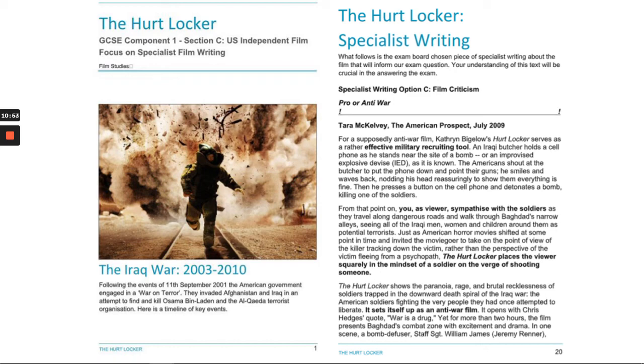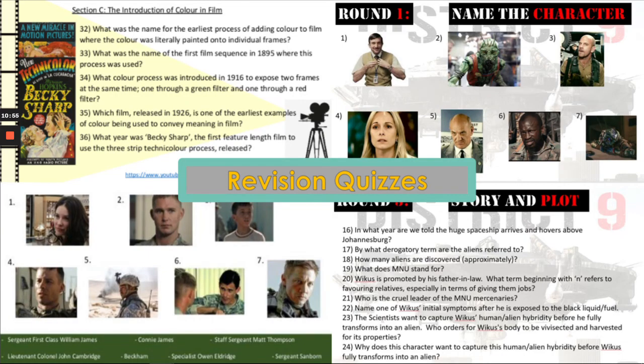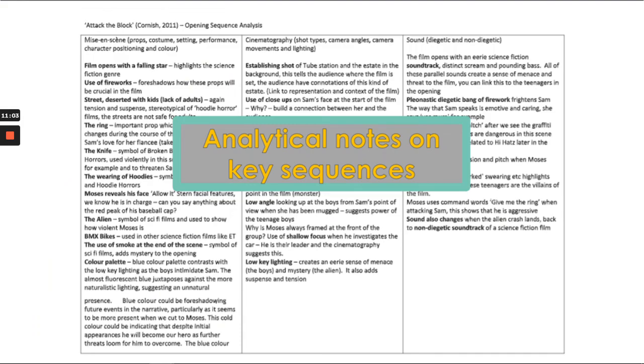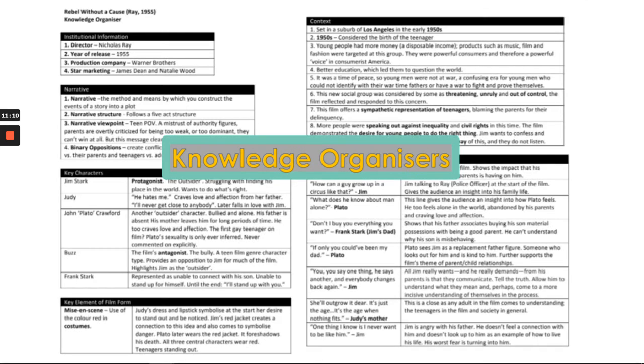There's also revision quizzes that the students can complete, again to help consolidate their understanding of the films that have been studied. There are analytical notes on those key sequences that are on the revision checklist that they can have a look at. And there's also knowledge organisers that are accessible for the films, which provide key information on those films.